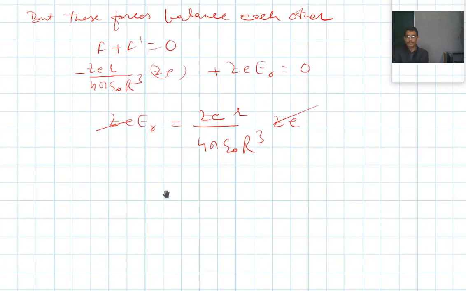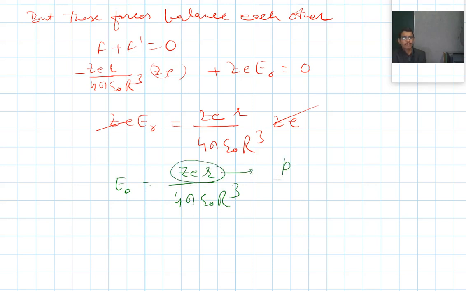So E naught can be written as Ze r over 4 pi epsilon naught R cube. But as I know that Ze r is the dipole moment, it can be written as p over 4 pi epsilon naught R cube.